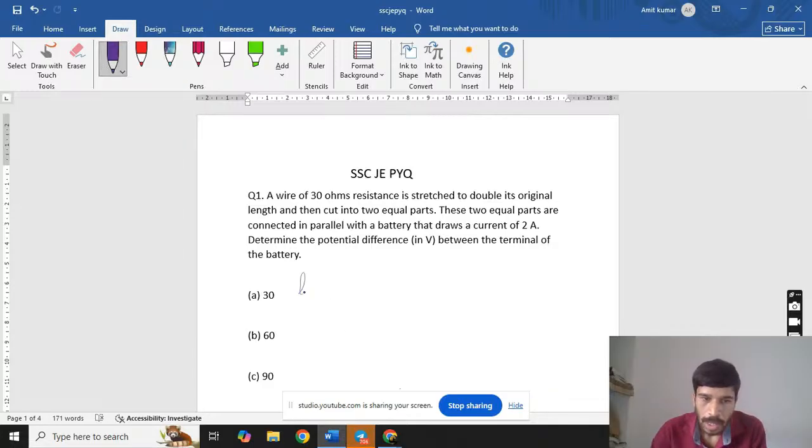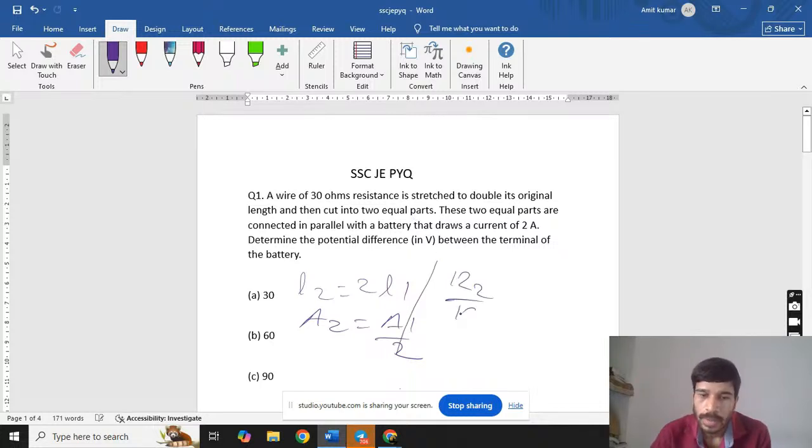L2 will be 2L1, and we know that the volume of the wire will remain constant, so area A2 will be A1 by 2. So we can find the value of resistance R2. R2 by R1 is equal to L2 by L1 into A1 by A2.